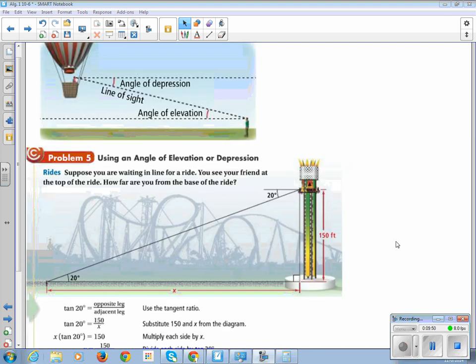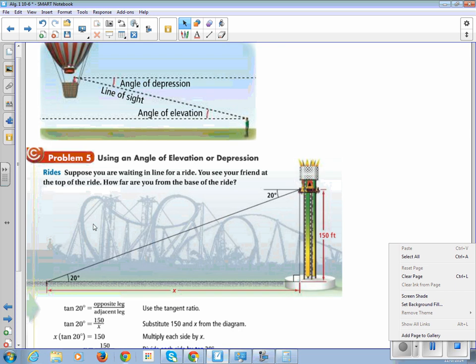Alright, so I want to talk to you guys about angle of elevation or angle of depression. And I definitely want you to make note of this. The angle of depression is if your line of sight is parallel to the horizon and the angle you're looking for goes down.